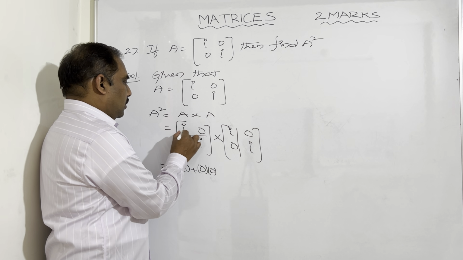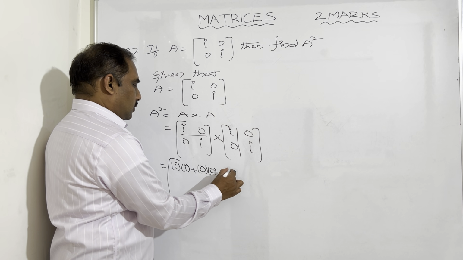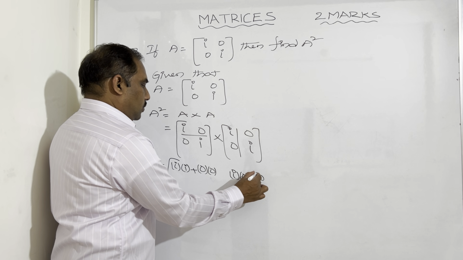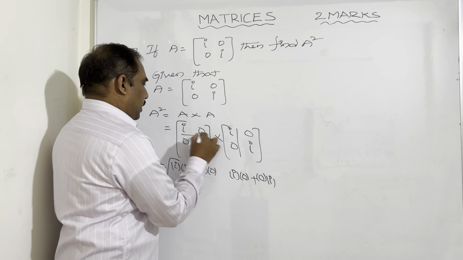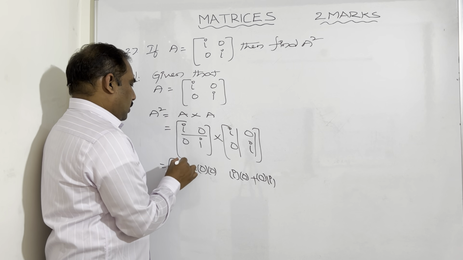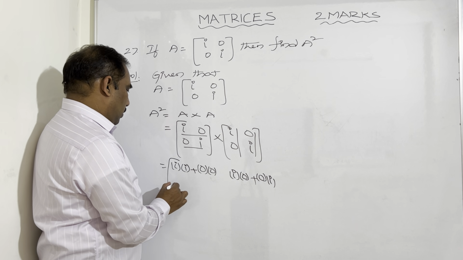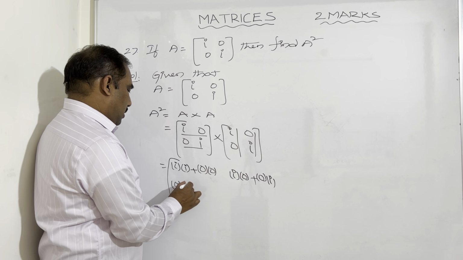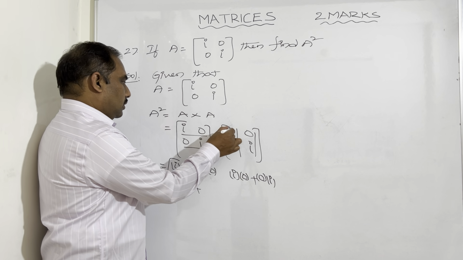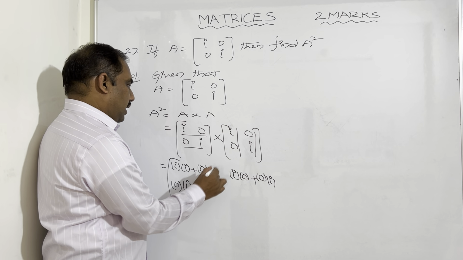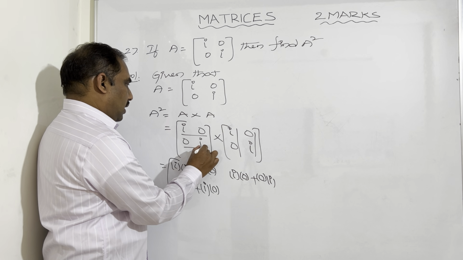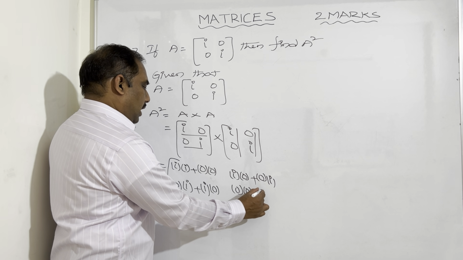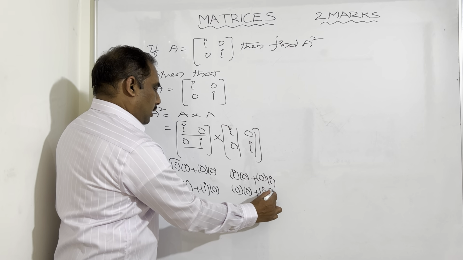First row, second column: i into 0 plus 0 into i. Second row, first column: 0 into i plus i into 0. Second row, second column: 0 into 0 plus i into i.